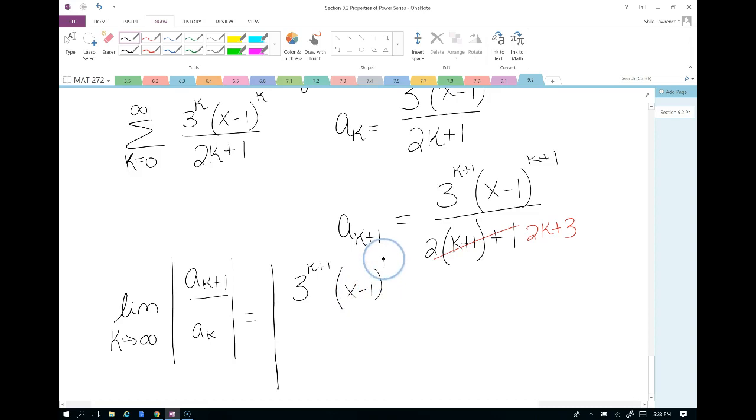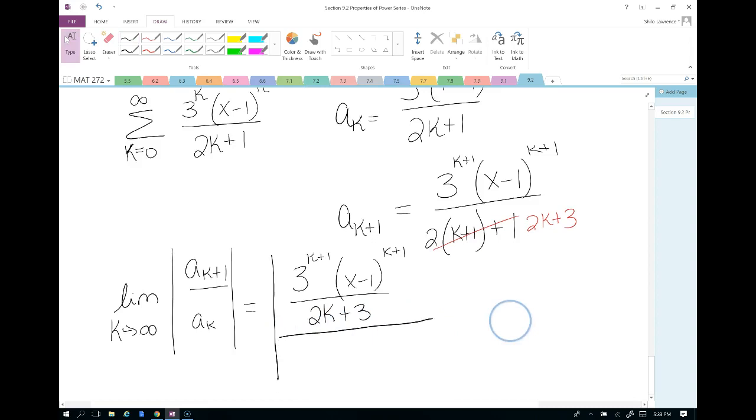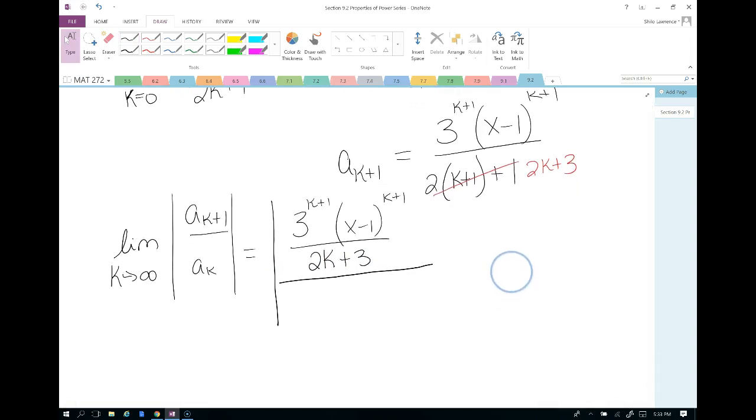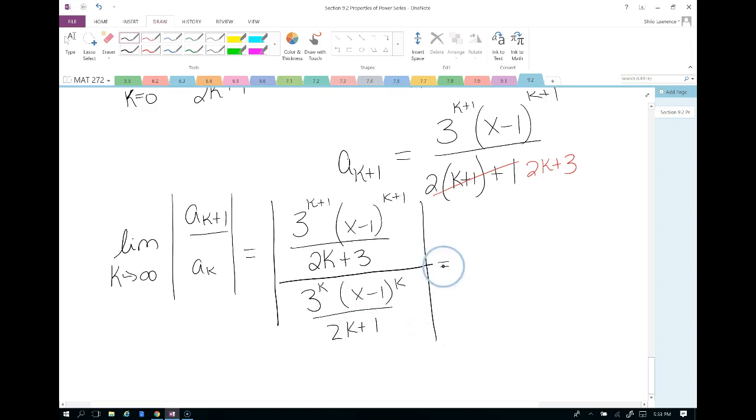So one of the very first things we can do to simplify this is, instead of doing fraction divided by fraction, we will flip the bottom fraction and change it to a multiplication problem. So there's our a sub k plus 1, and then a sub k was just 3 to the k, x minus 1 to the k over 2k plus 1. So we will change this into a multiplication by flipping our denominator.